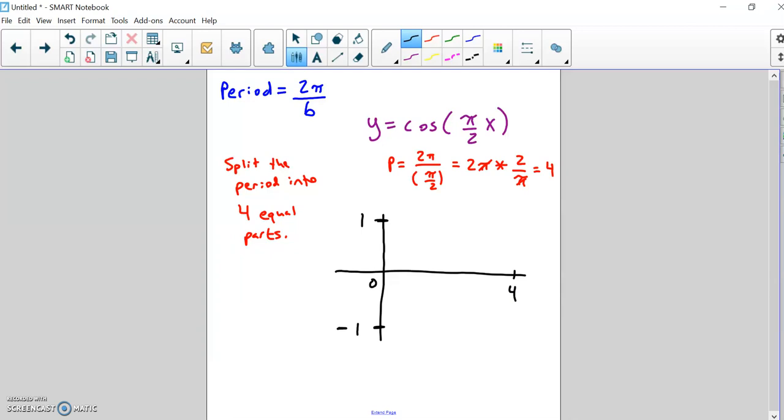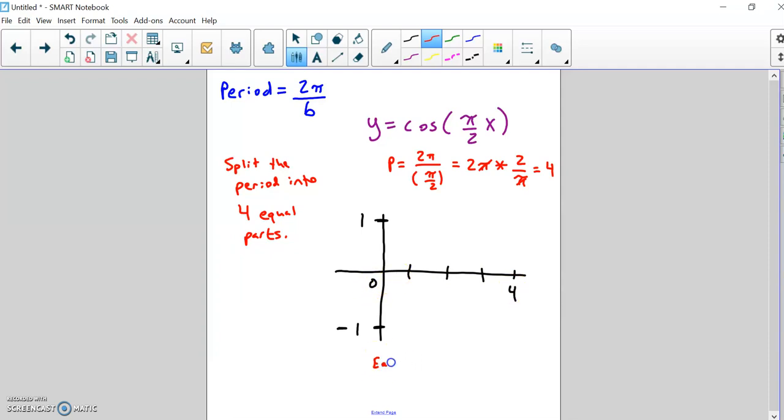Now, if I'm splitting this into 4 equal parts, and by the way, for some reason people struggle with this, I haven't quite figured out why yet, but put a piece in the middle, and then put a piece in the middle of both of those, and now you have 1, 2, 3, 4 equal parts. And we're going from 0 to 4.